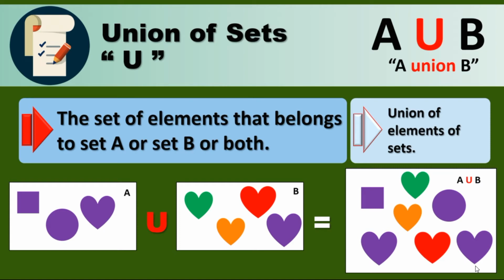But wait, A union B by definition is a set. So therefore, by definition of set, all elements should be distinct. So therefore, this violet heart here should not be included. So A union B is only these elements here.